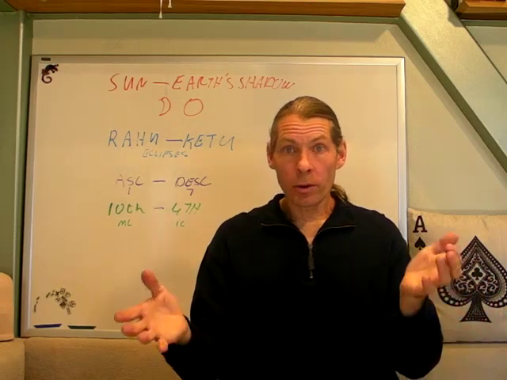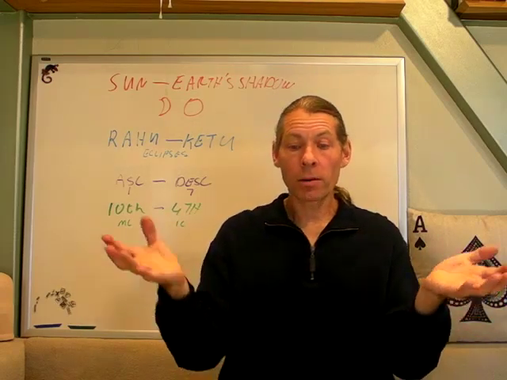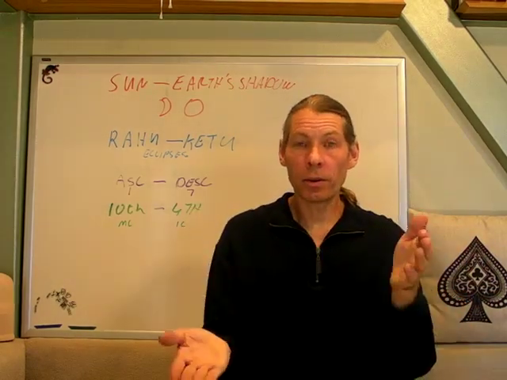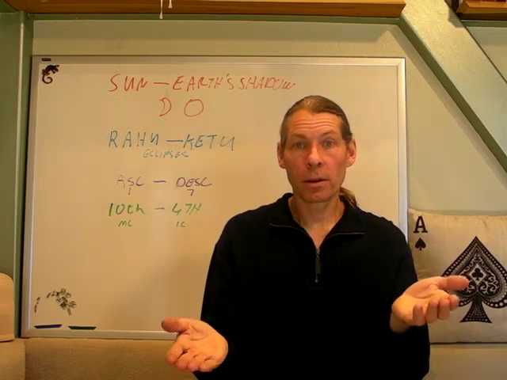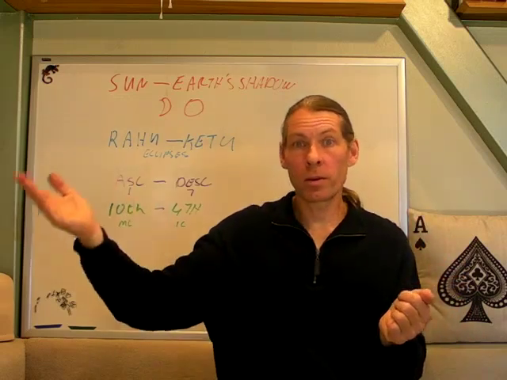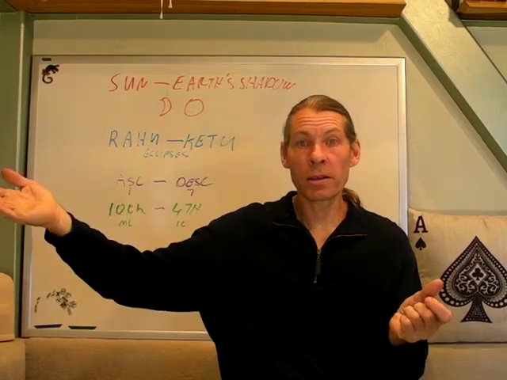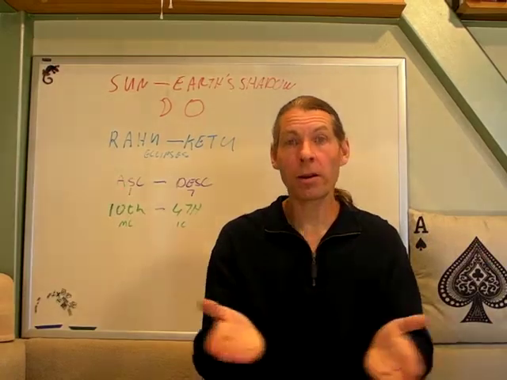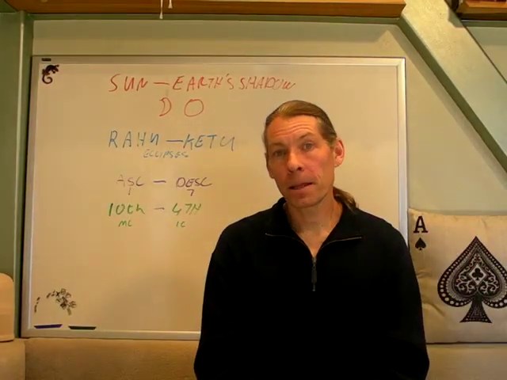Now, what's happening with Rahu and Ketu, they're balanced. You know, there's always something going on inside of you. You developed because of the influences of your mother's parents and ancestors and your father's parents and ancestors. These two forces came together to make you. Okay?